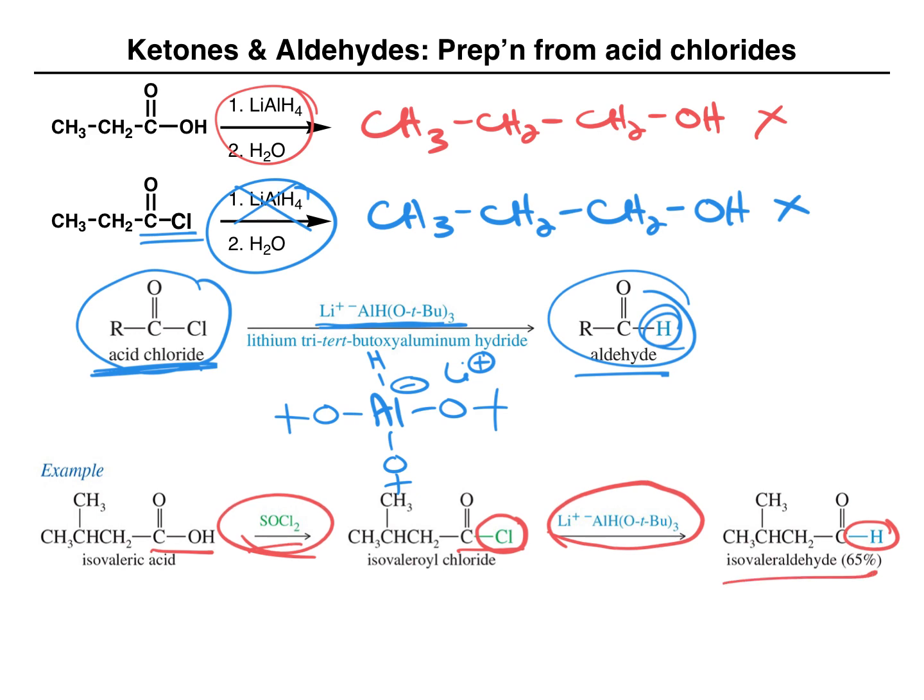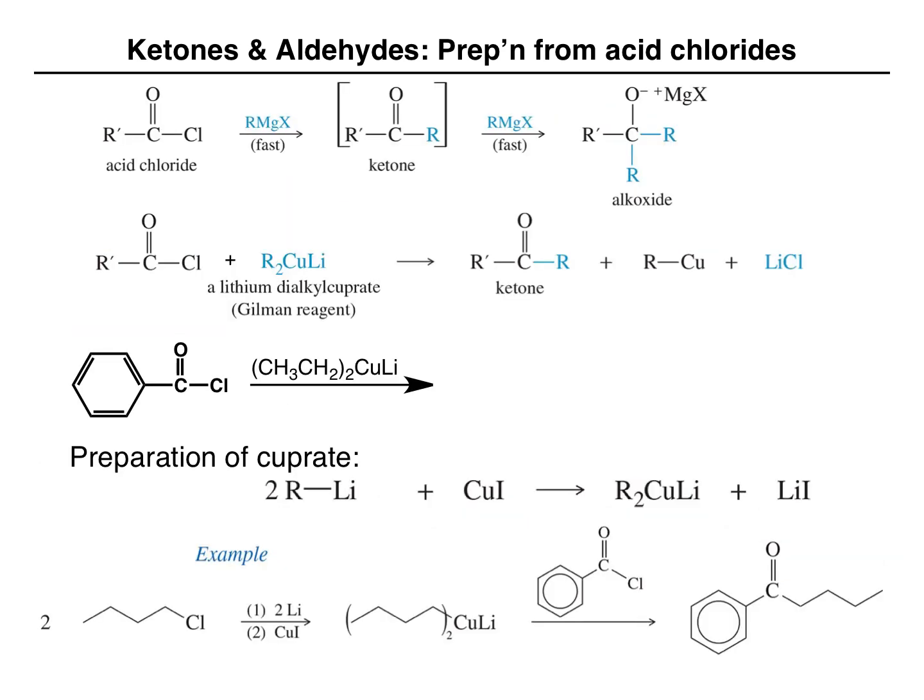So we see that acid chlorides provide another source of aldehydes. Now we have another reaction with acid chlorides, and if we treat these with a Grignard reagent, this is going to behave similarly to what we've seen with esters.